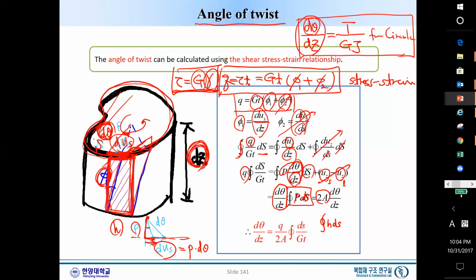Please keep in mind that A is the cross section of this whole area. So twice A, and d theta over dz equals Q ds over G t, and Q divided by twice A. So d theta over dz, which we'd like to derive, is Q over twice A times the integration of ds over G t.